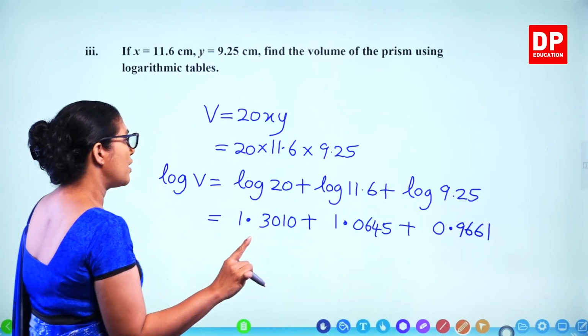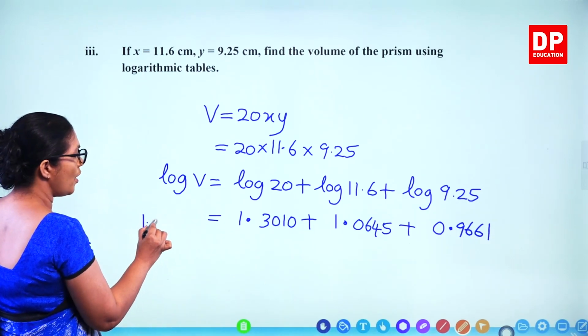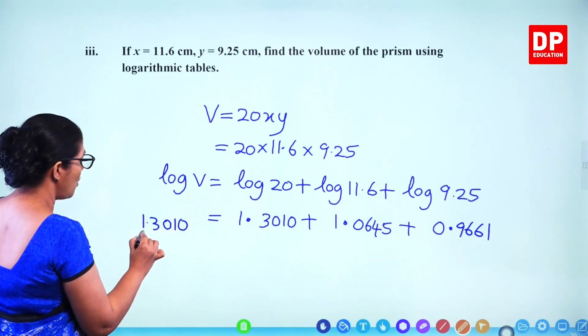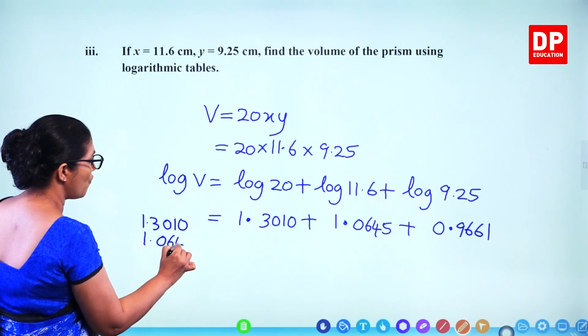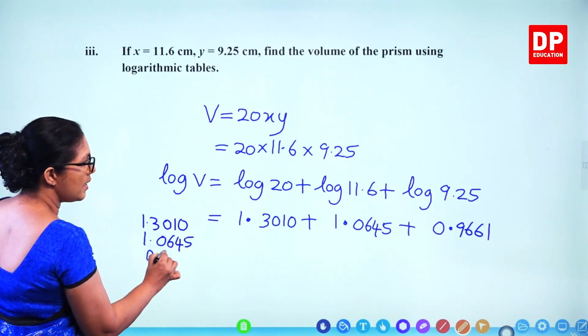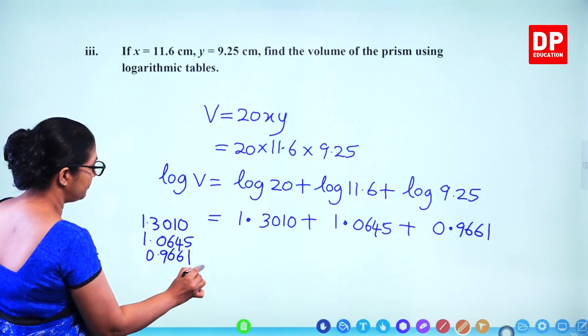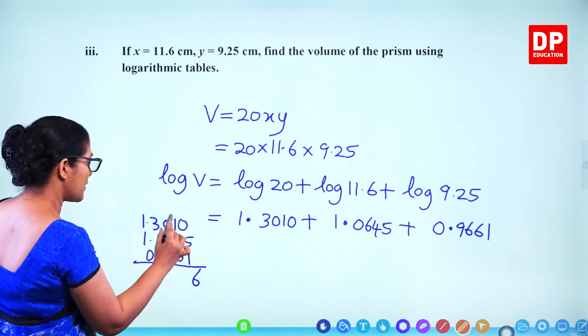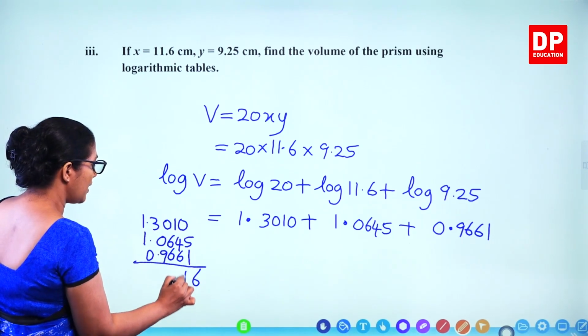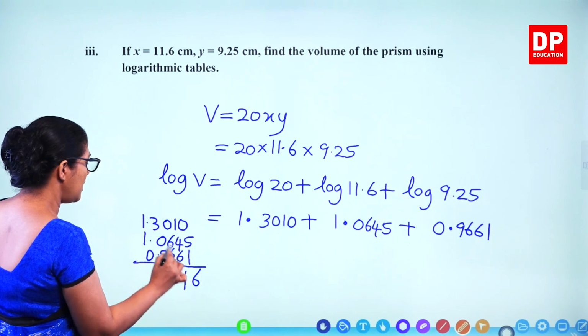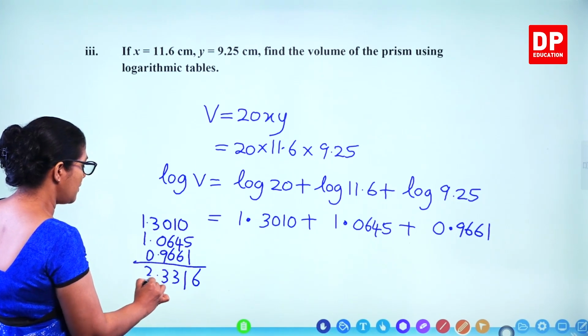Now add all together: 1.3010, 1.0645, 0.9661. Add it, and we get 3.3316.